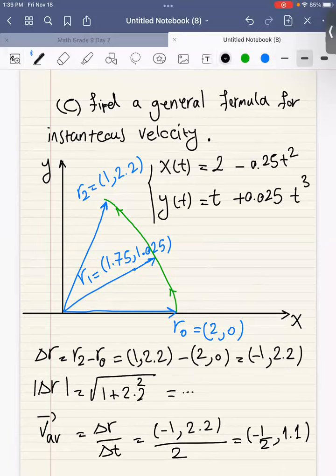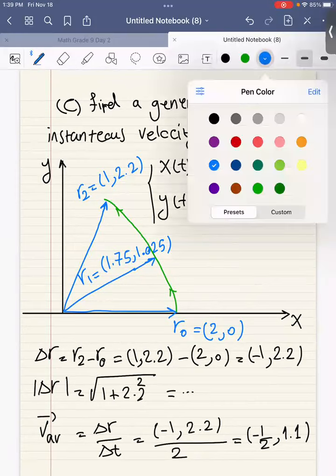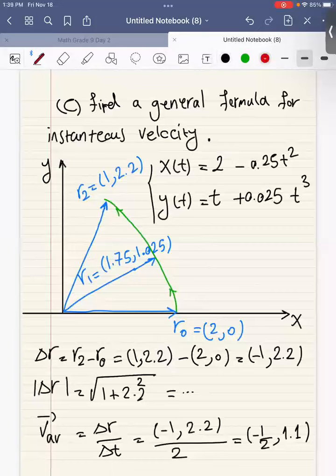Now, the next step would be computing the instantaneous velocity. From the geometric point of view, the instantaneous velocity is the tangent vector at each point. So for example, at R0, the instantaneous velocity is like this. At R1, the instantaneous velocity is like this.